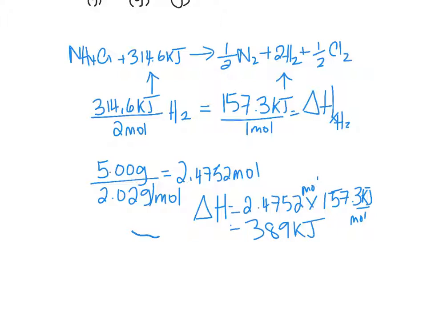Yeah, that'll give you a molar enthalpy for chlorine. So you divide by a half, so you would actually need 600 kilojoules to produce 1 mole of chlorine. You have to get it in terms of moles. 1 mole, because that's a molar enthalpy, and then you multiply it by the number of moles. So 314 will produce half a mole, so you'll need twice as much energy to produce 1 mole.